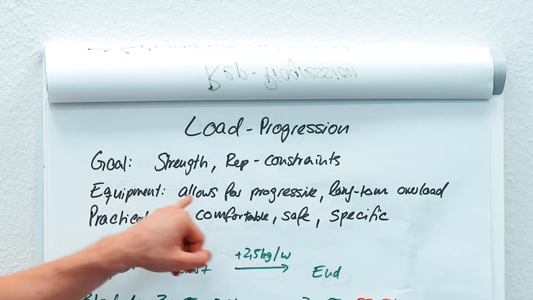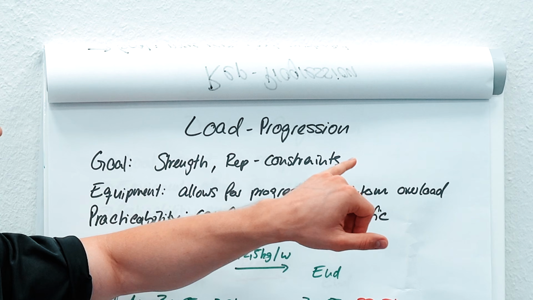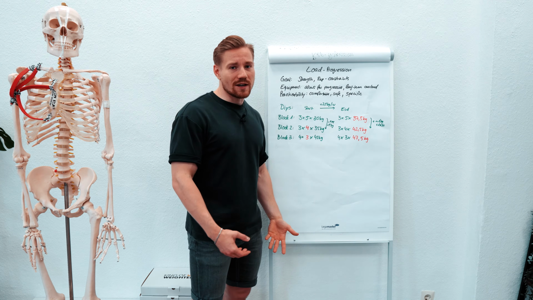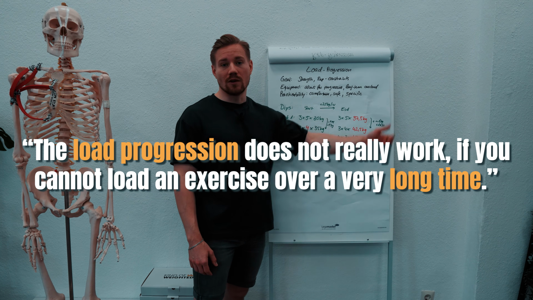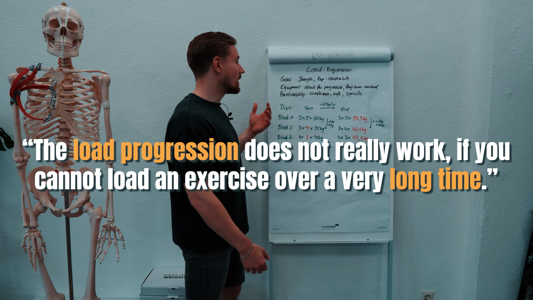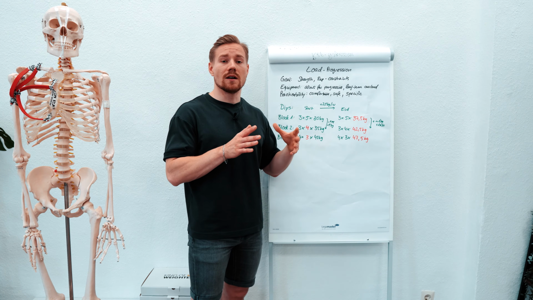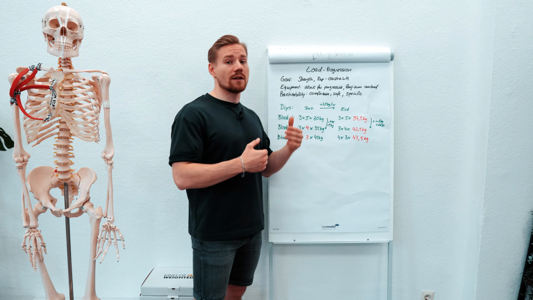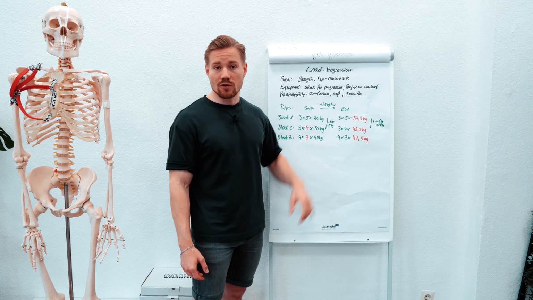Equipment. It needs to allow for progressive overload long term. Load progression does not really work if you cannot load an exercise over a very, very long time. Say the difference between a pike push-up and an overhead press. The overhead press allows for progressive long-term overload.